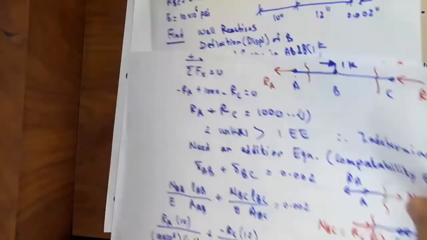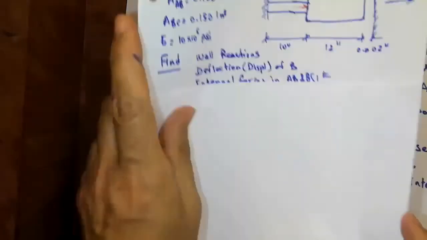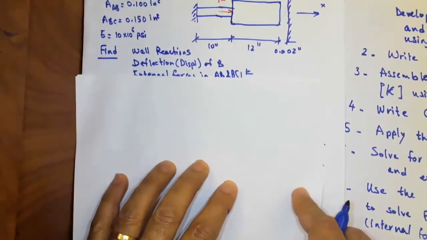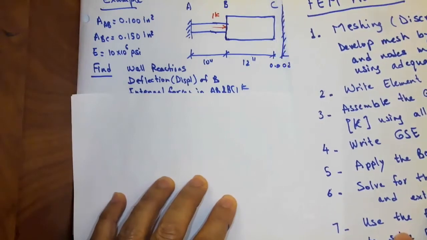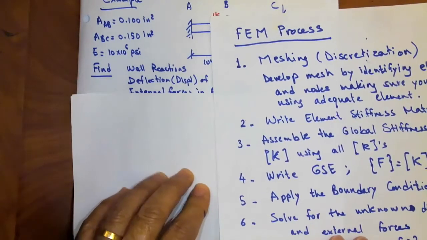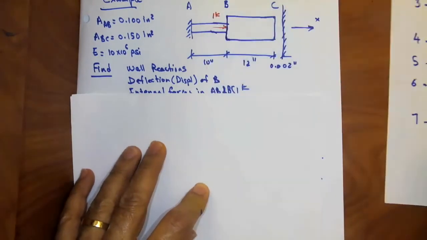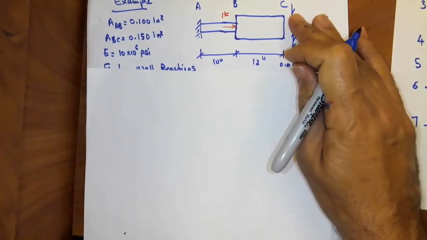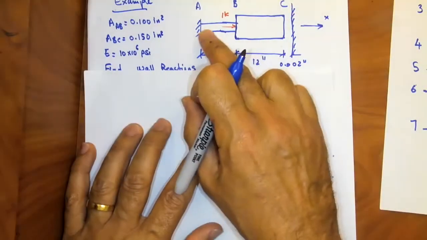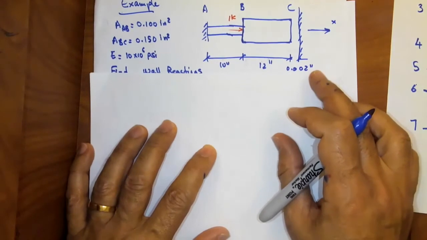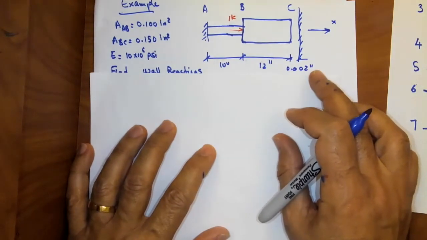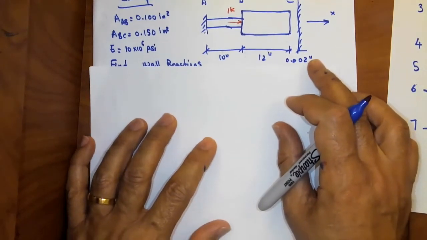So what I'm going to do here is follow the steps that we developed together. The first step here is meshing. I'm going to look at this and say, well, it looks like I have two axially loaded members that behave like bar elements.